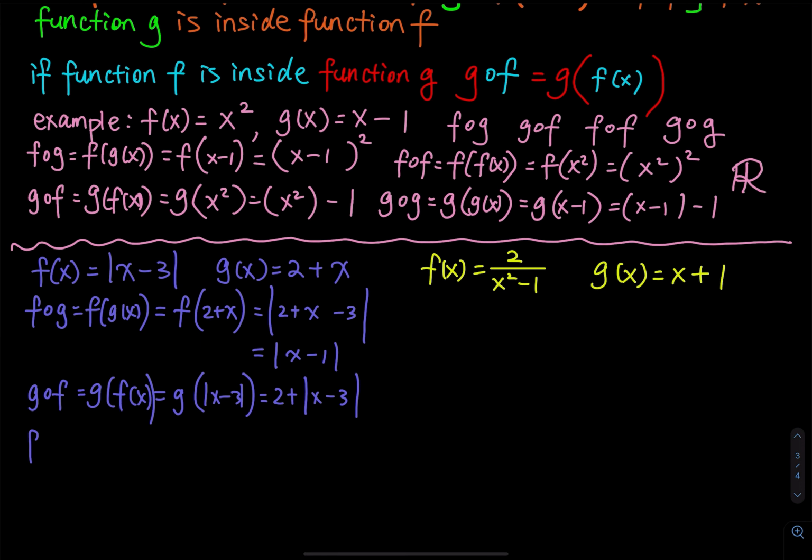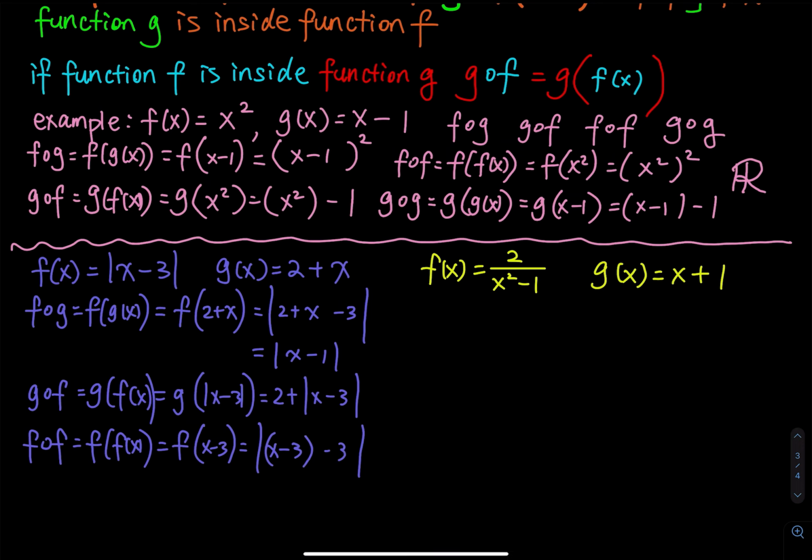And then f of f. This is f of f of x, which is equal to f of x minus 3, and then you have the absolute value of x minus 3 inside itself, right? So this is supposed to be the x, and then you take that minus 3. The way I showed this in the past is let's write this all over again.